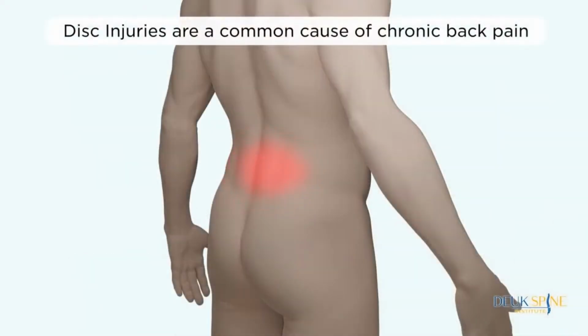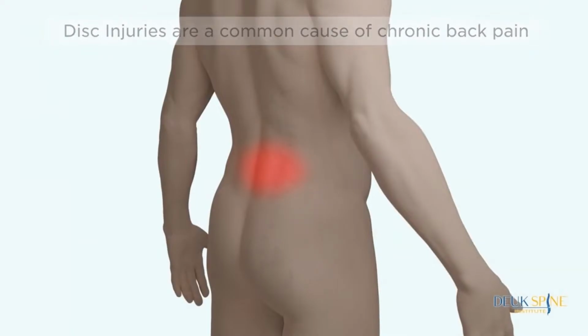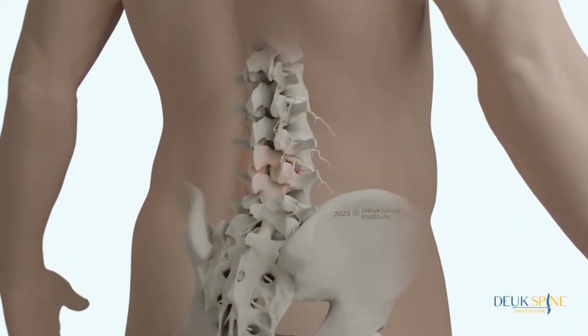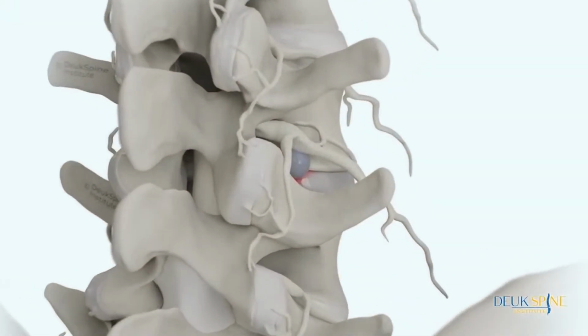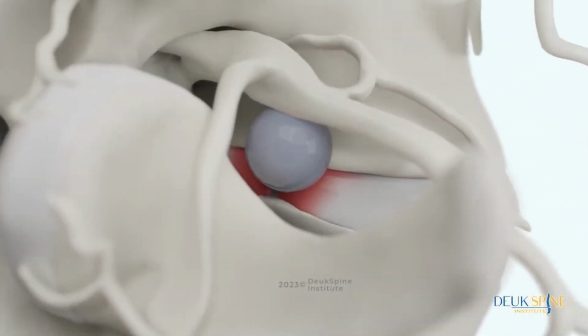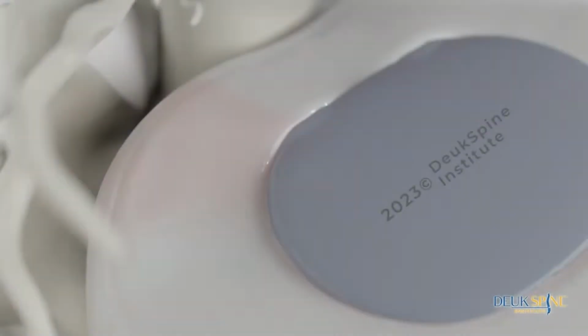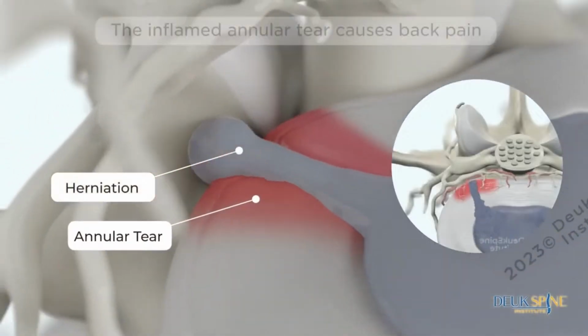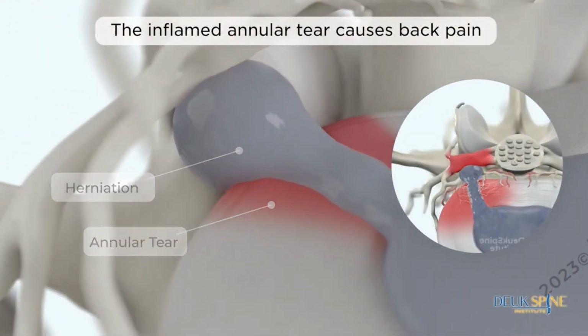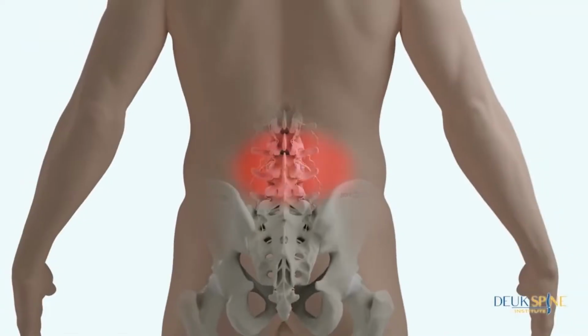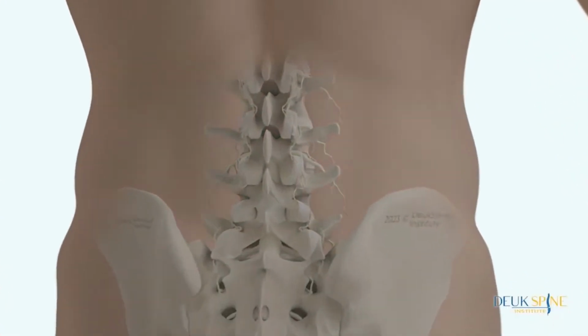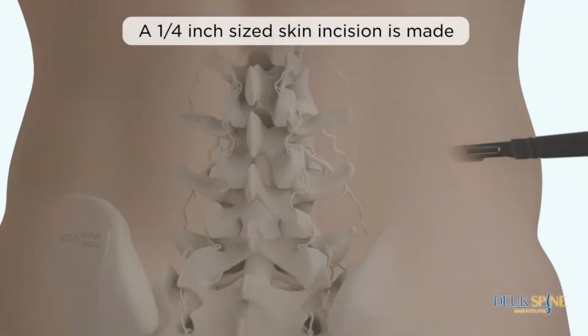Disc injuries are a common cause of chronic back pain. The inflamed annular tear causes back pain. A 1/4-inch sized skin incision is made.